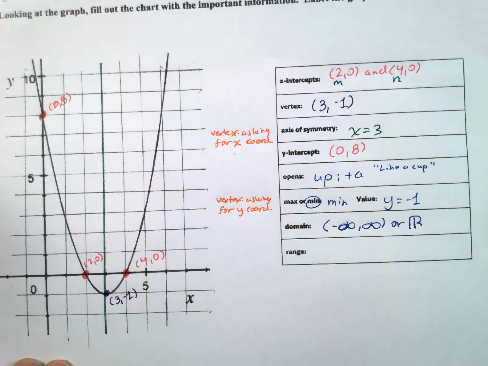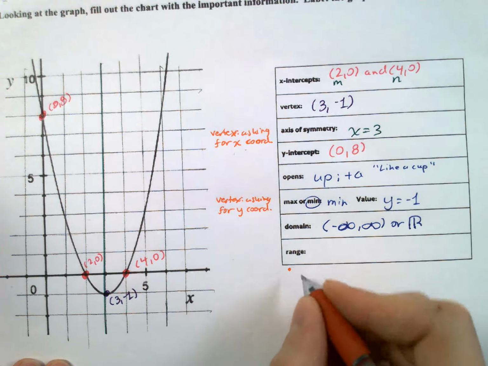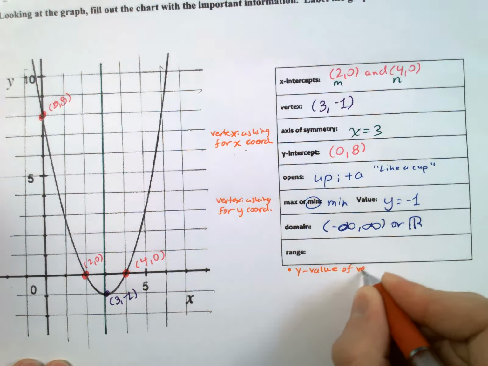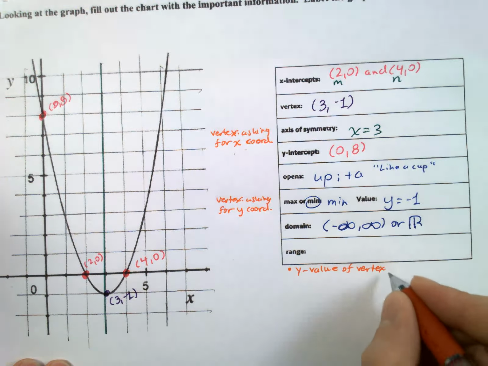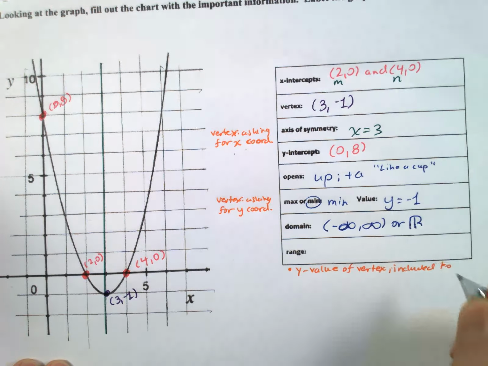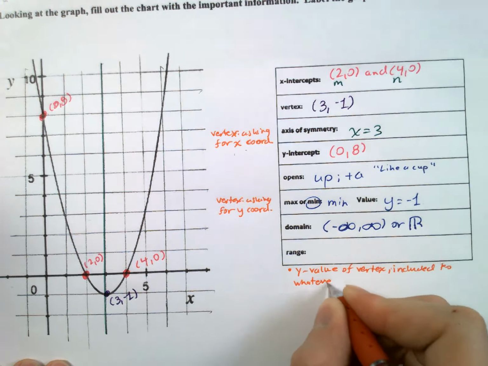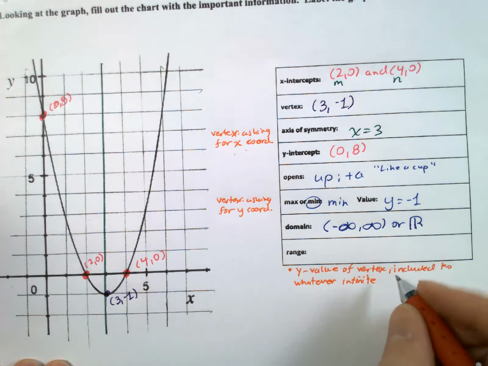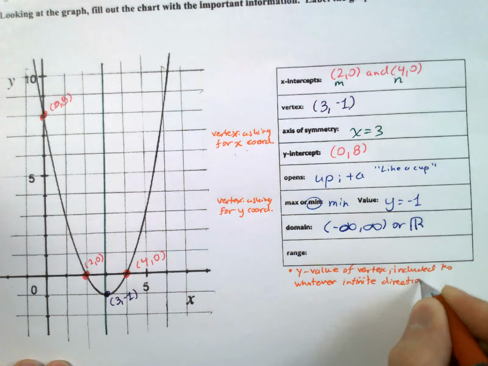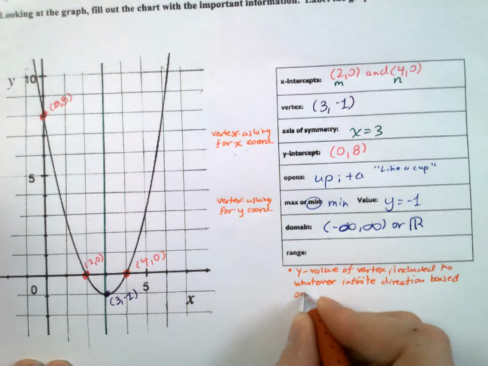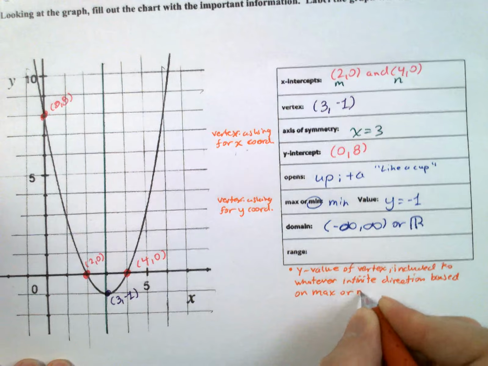So the only thing we have left to identify now is the range. Now the range, I would make a note of this below it. The y value of the vertex included to whatever infinite direction based on max or min.